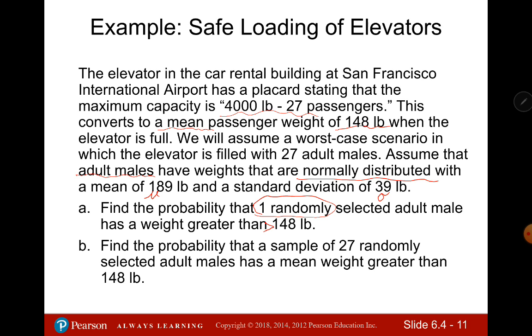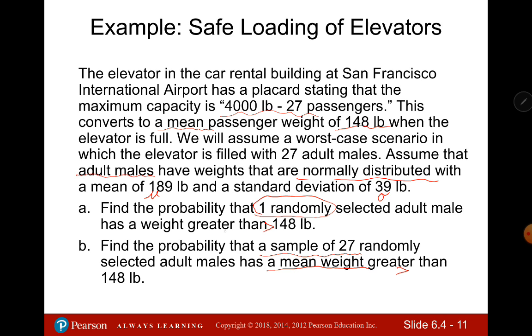And we have another question, part B. Find the probability that a sample of 27 selected adult males has a mean weight greater than 148. So the first part, the value is greater than 148. The second part, the value is also greater than 148. But what's the difference between part A and part B? So we will check it later.